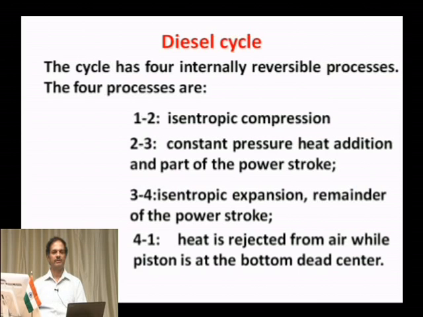So it will come back to its original or initial state. Thus one cycle is completed with the help of these four processes. You can see two reversible adiabatic processes, one constant pressure process and one constant volume process. Heat rejection is at constant volume, whereas heat addition is at constant pressure.